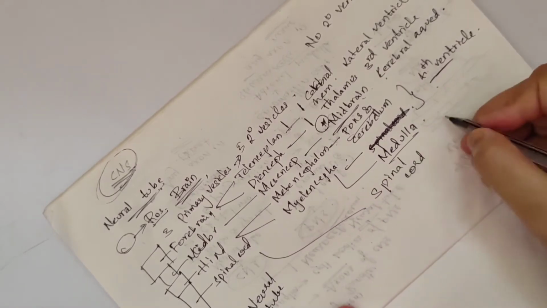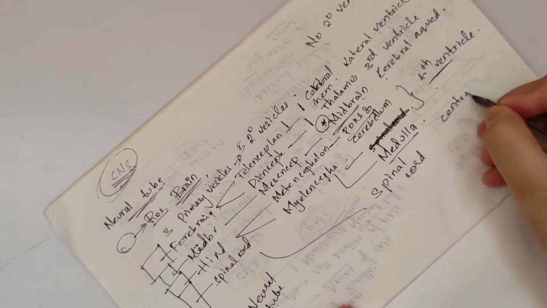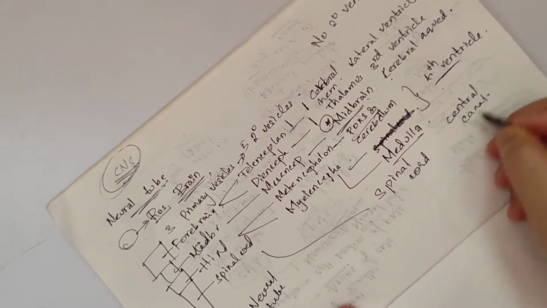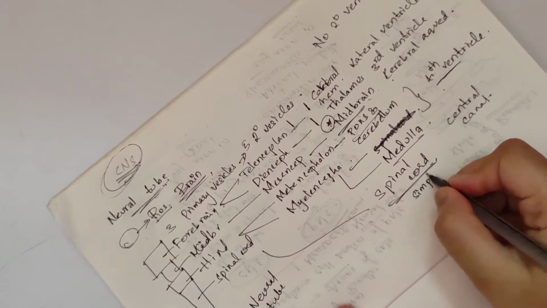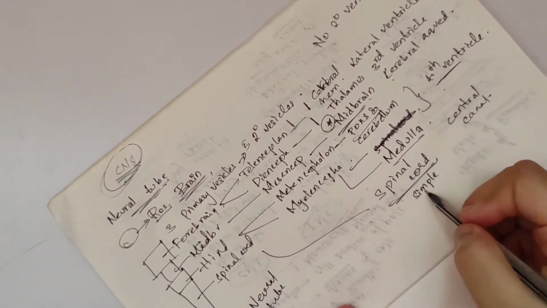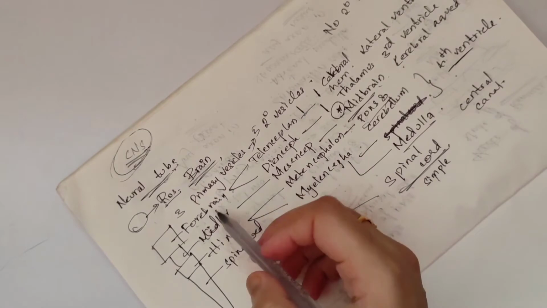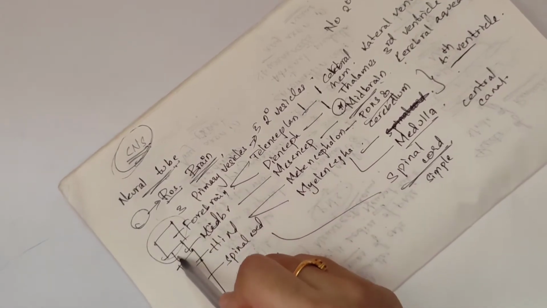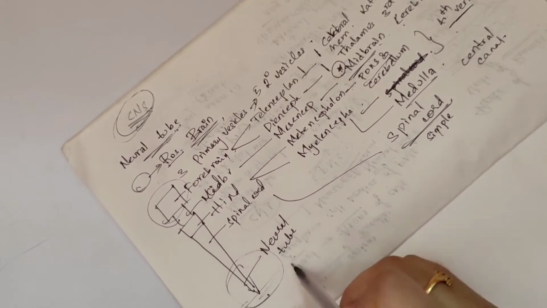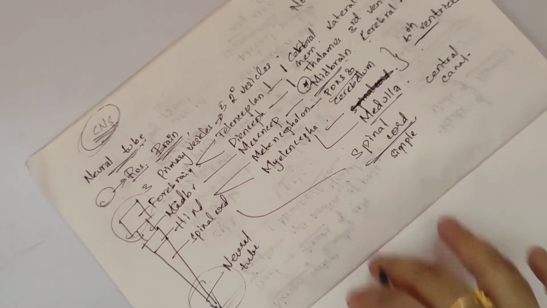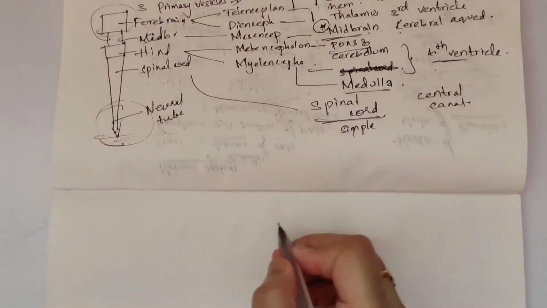The spinal cord has a central canal, as we know. The spinal cord is the simplest part, as most of the brain is developed from the rostral neuropore. The caudal neuropore is very little developed.